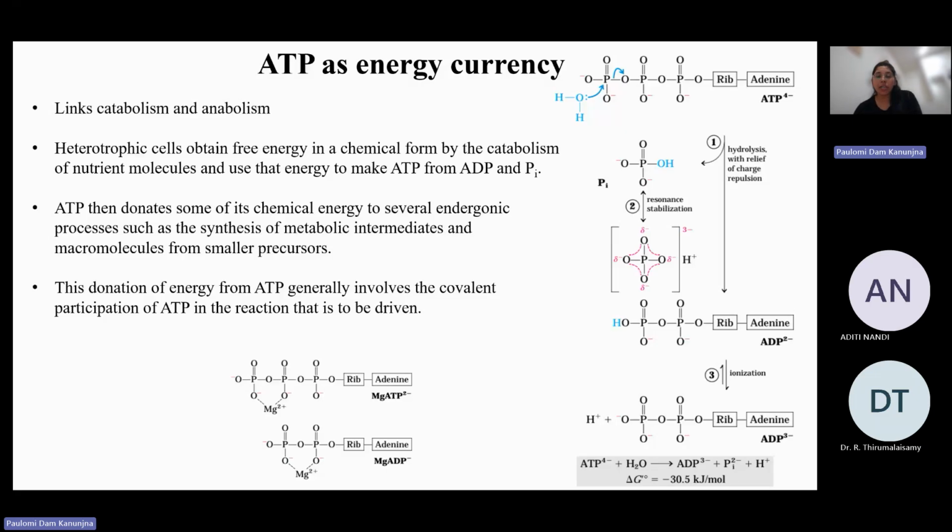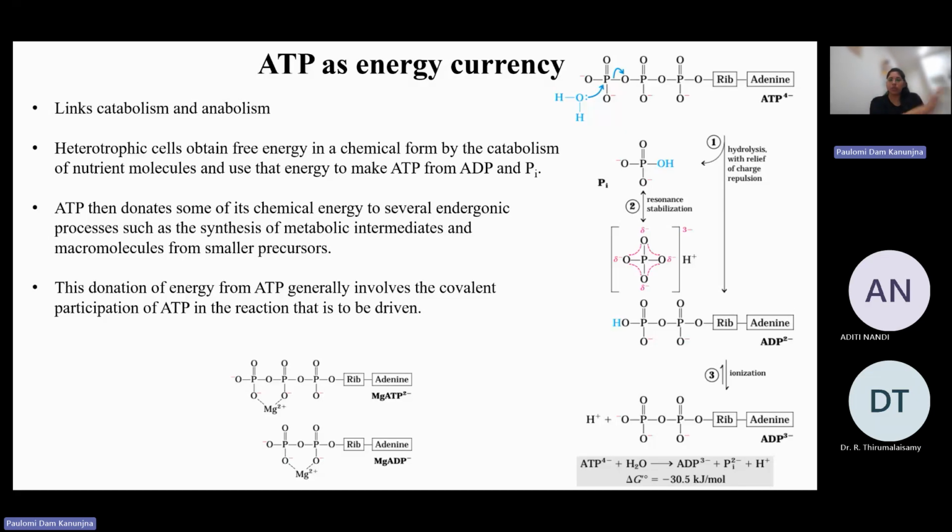So what is special about ATP as an energy currency? It links catabolism and anabolism. We remember, anabolism is a reaction where we are looking towards the production of a compound. Catabolism is where we are looking into the breaking down of the compound. Heterotrophic cells obtain free energy in the chemical form by catabolism.